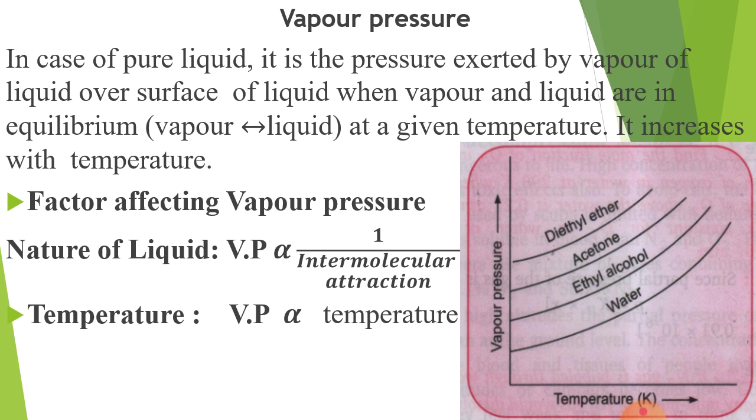One more thing we have to know about, we learn about equilibrium in class 11th unit 7. Equilibrium always measure in closed container. Here also vapor and liquid come in the equilibrium. That's why vapor pressure can be calculated in the closed container.